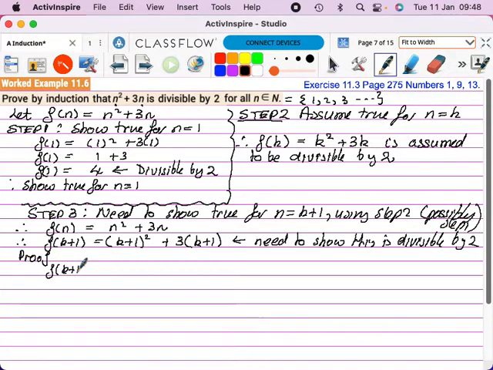Well, I can't think of any other thing to do except expand this out. So we're going to expand this out. Now at this stage, you can pause the video and do the expansion and then check to see if you've got it right at the end. So pause the video now, please. Otherwise, it's going to be k squared plus 2k plus 1 plus 3k plus 3.